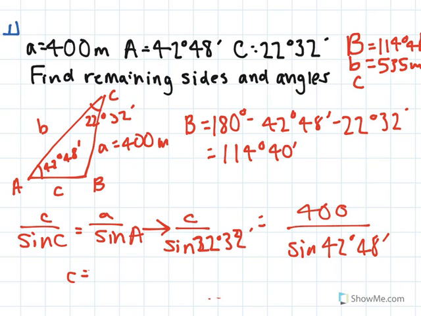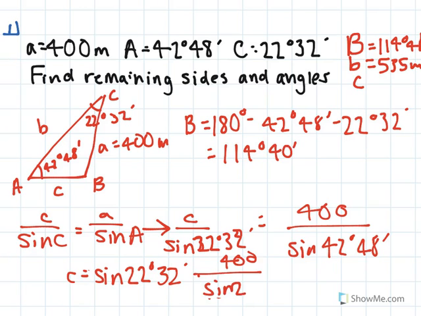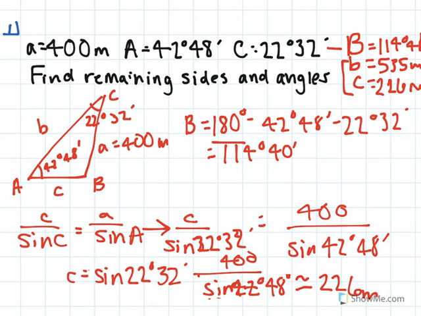That means c equals sine of 22°32' times 400 over sine of 42°48', which puts c at approximately 226 meters. So we used our knowledge that there are 180 degrees in a triangle to find our remaining angle, and then we used law of sines to find the remaining sides b and c.